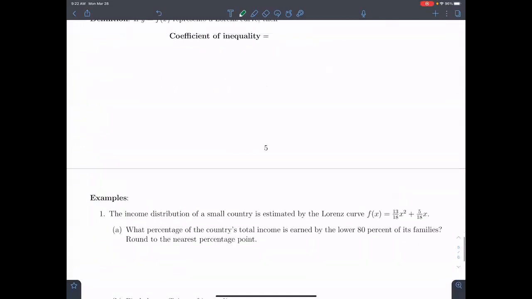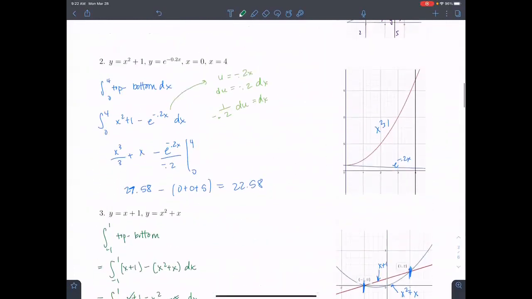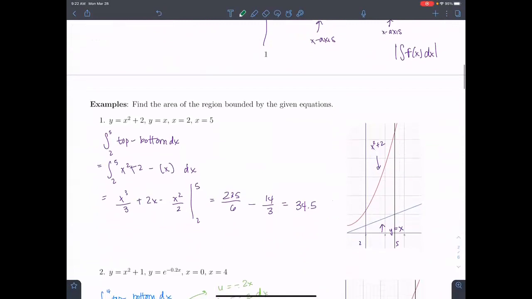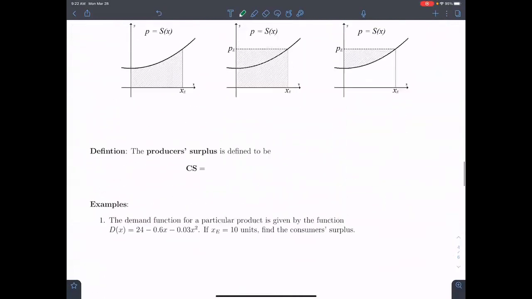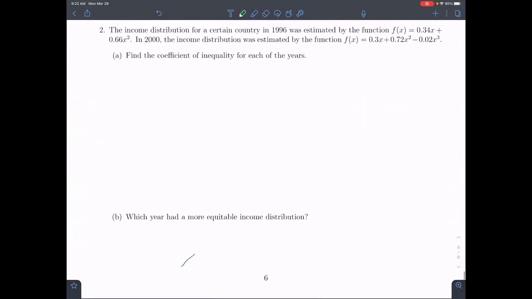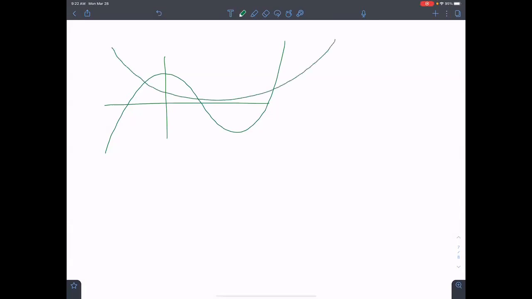I should mention this, there are no examples in here of this happening. Let me draw a picture though. So suppose we had something like this and we wanted to find the area between the two curves. Let's do this in a different color so we can tell what's going on.